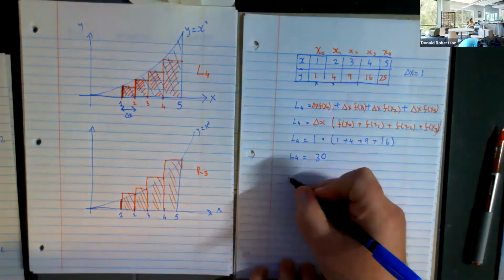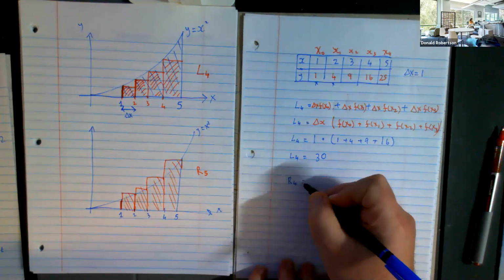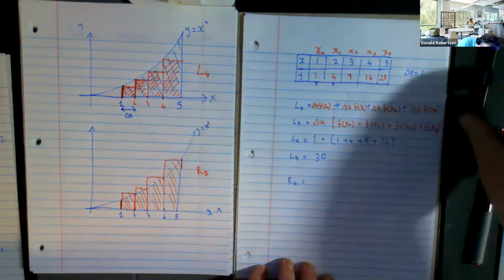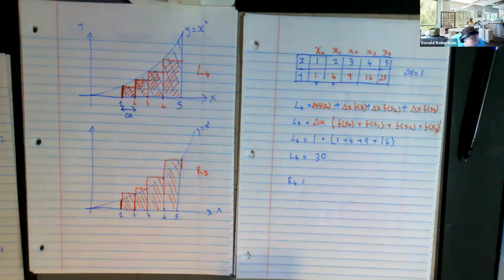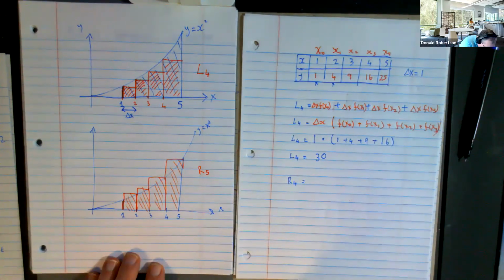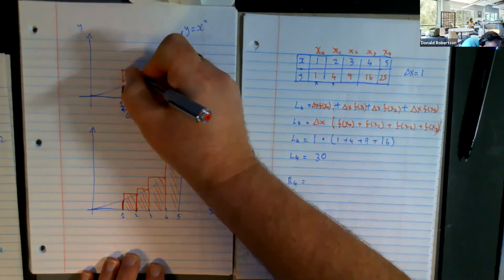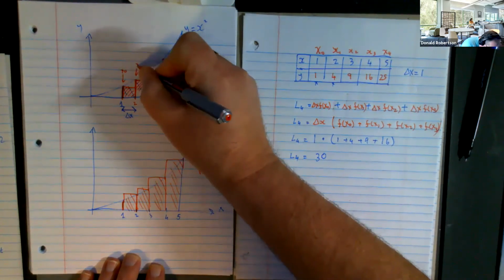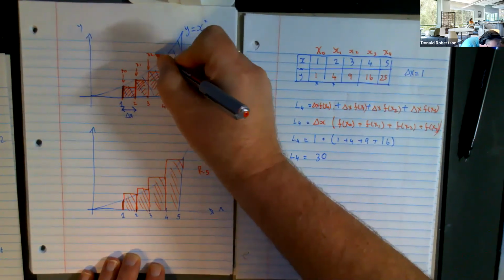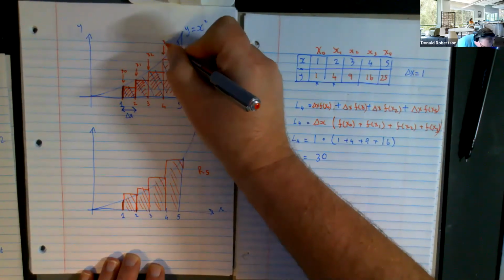Now, if you want to do right 4, it's going to look very similar, but not quite the same. In this case, we used x0, x1, x2, and x3 to get the heights.